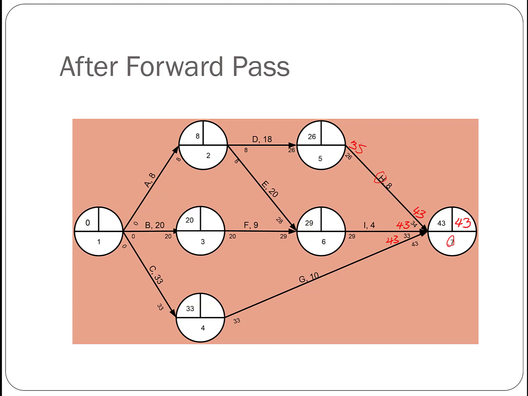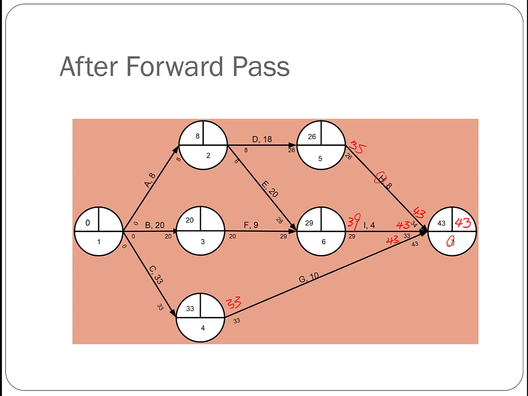Using the same logic, we'll be able to calculate the latest starting time for the activities. For example, for I we use 43 subtract 4, which gives us 39, to be the late starting time for activity I. And for G, it's the same as its early start time, because 43 subtract 10 is 33.